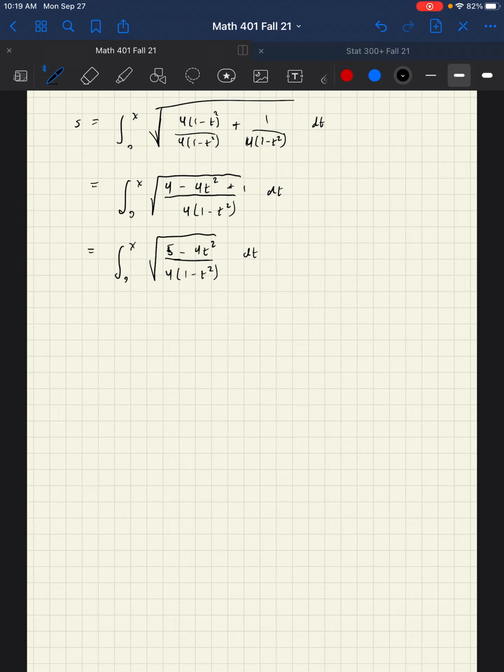Not that it matters too much. 5 minus 4t squared. And so we're going to pull out the 1 minus t. No, that does not help. What can we do here? So we get 5 minus 4t squared over 4 minus 4t squared. That's in our integrand.